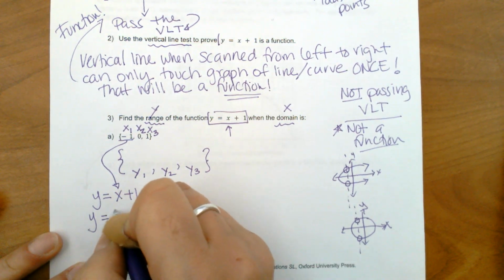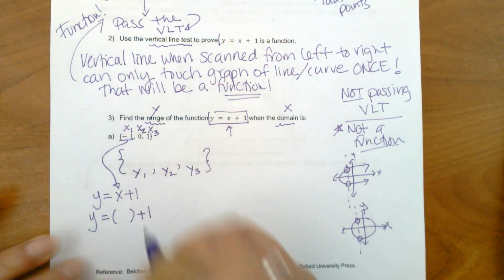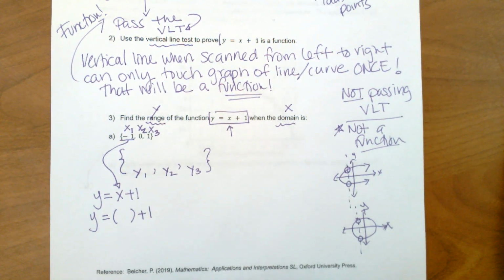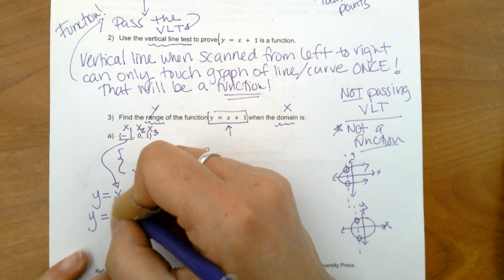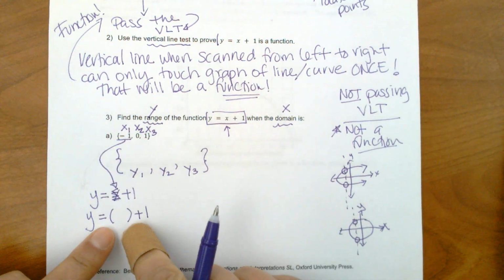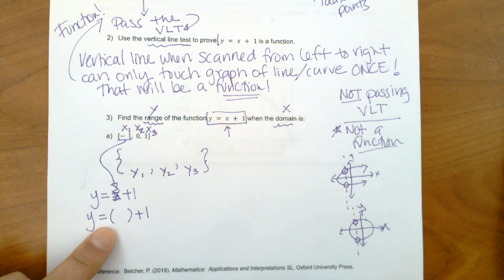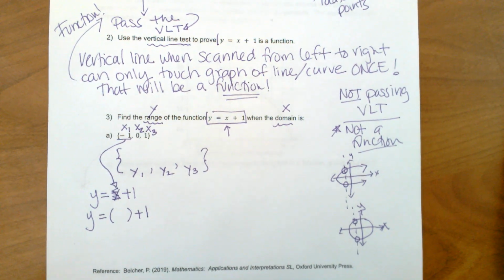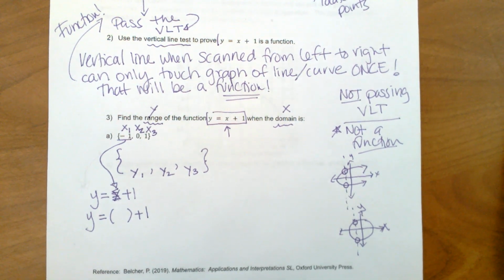Now, when I take the x out, I like to replace it with parentheses. All I did, everybody, was take this out and in its place put a set of parentheses. This is telling me where I'm going to put my number. This is going to help me substitute. Please, this is a good method to use.